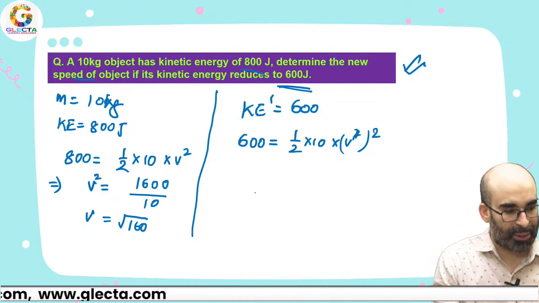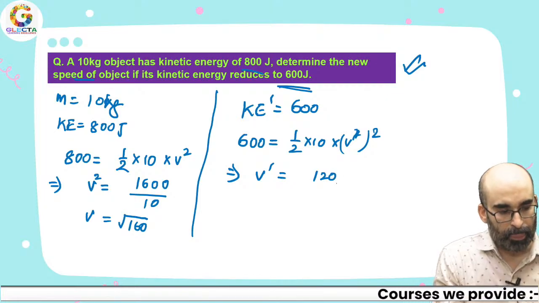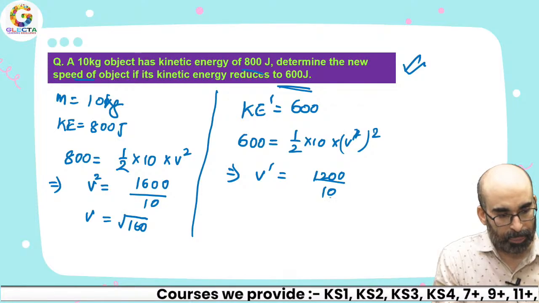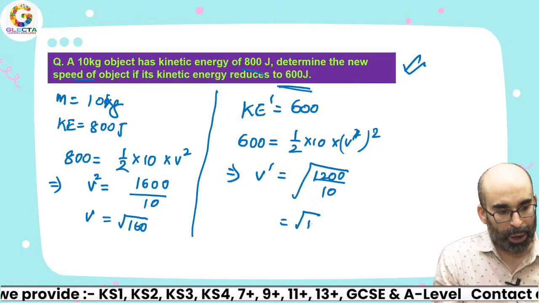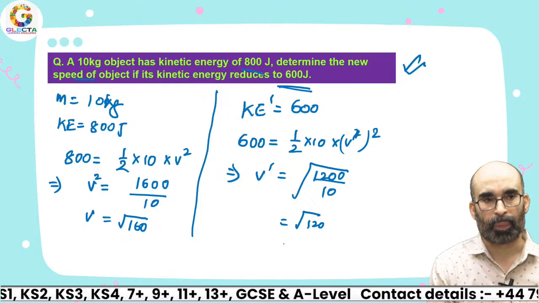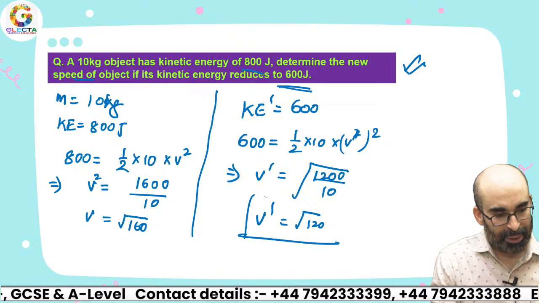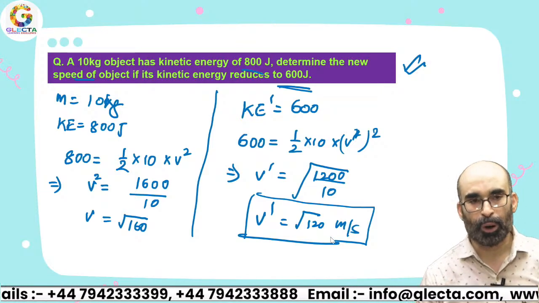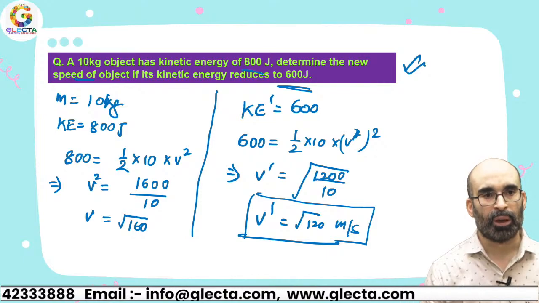Yes, right. So the new speed would be the square root of 1200 over 10. So that means the square root of 120. Right? Come on. Tell me. Is this the correct answer? Square root of 120. What's the equation for velocity?